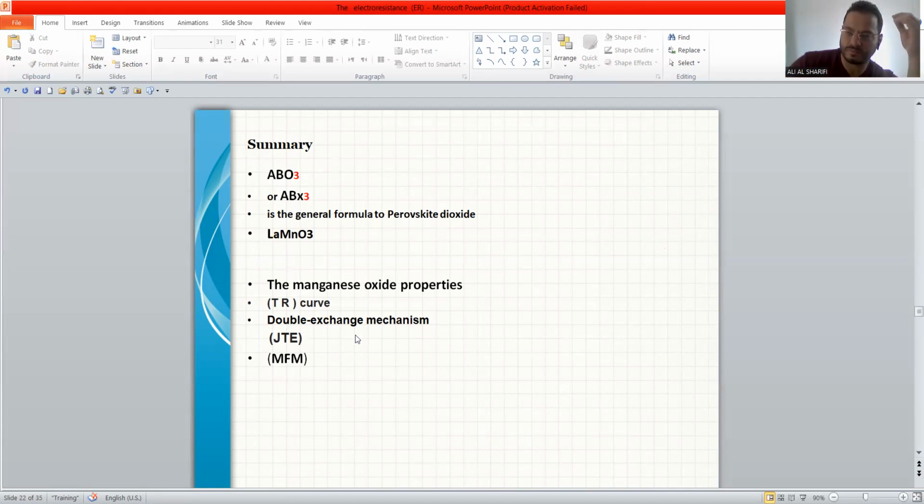All of these are two important methods to determine the characteristics of magnetic oxide, perovskite oxide. And here is the magnetic force microscopy. It's a technique to get deep information about the atoms, about the atom limits.